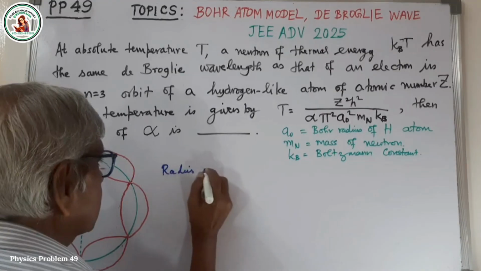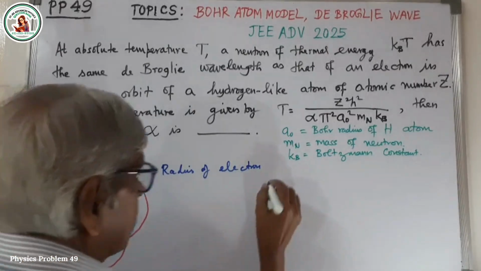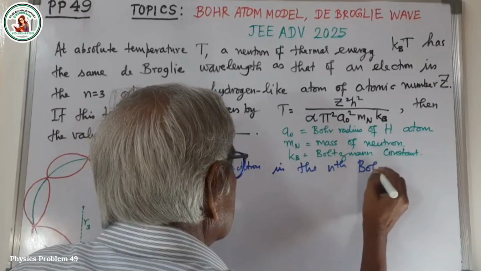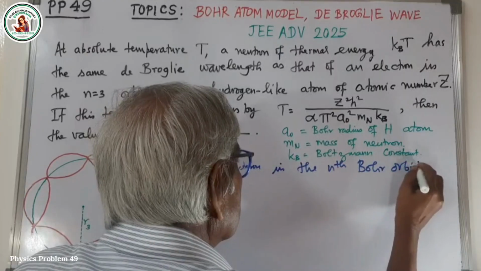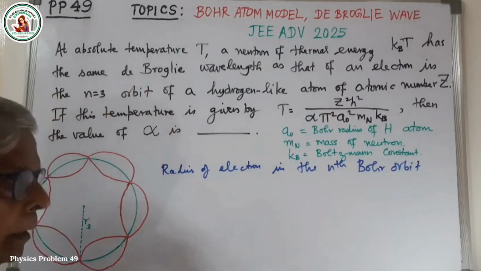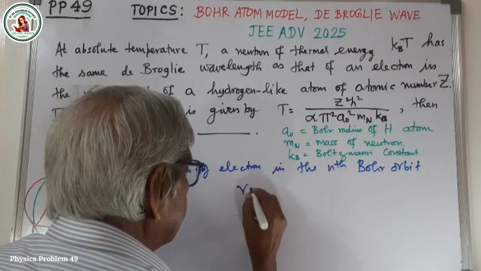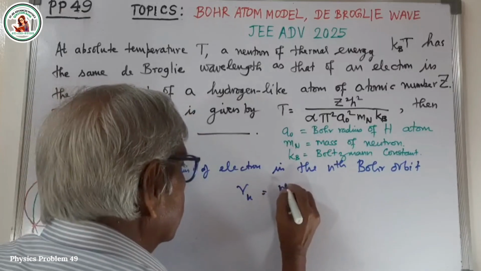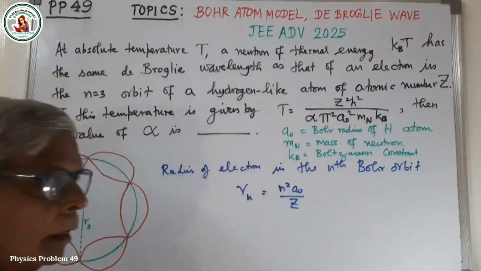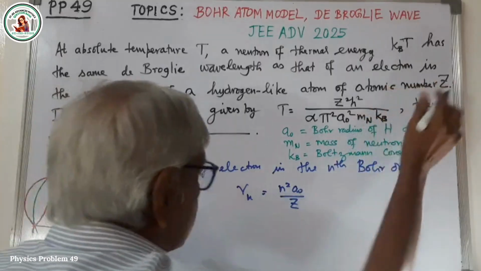in the nth Bohr orbit. For a hydrogen-like atom, the electron will be revolving in certain stable orbits, for which Rn is given by n square a naught by Z. a naught is the ground state Bohr radius of the hydrogen atom, and Z is the atomic number.